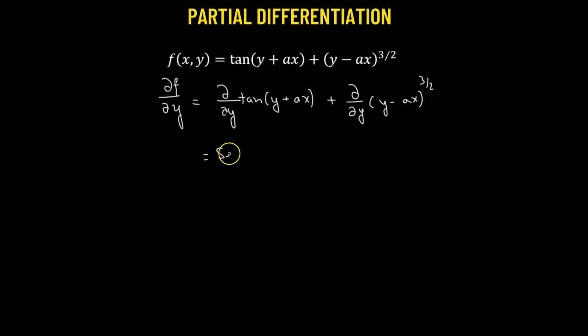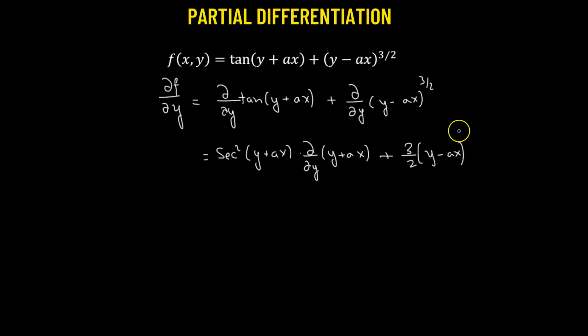So that's going to give us the secant squared function. So we have secant squared of y plus ax multiplied to the partial with respect to y of y plus ax plus, well, let's apply the power rule. So 3 over 2 times y minus ax raised to the power of 3 over 2 minus 1, which is half, times the partial with respect to y of y minus ax.